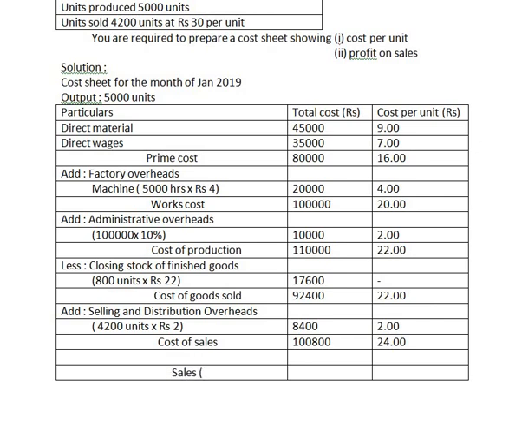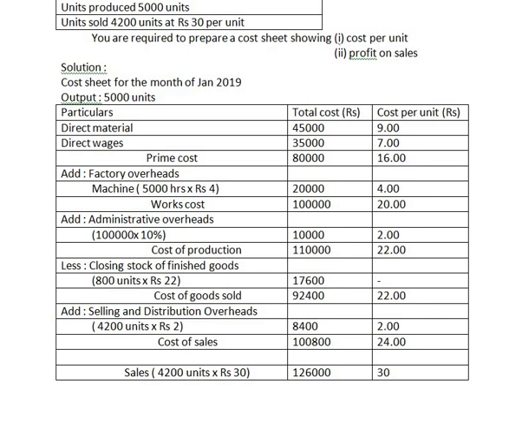In brackets, the last sentence gives units sold as 4,200 units into rupees 30 per unit. So calculate this, that is 1,26,000, and this is 30 per unit.